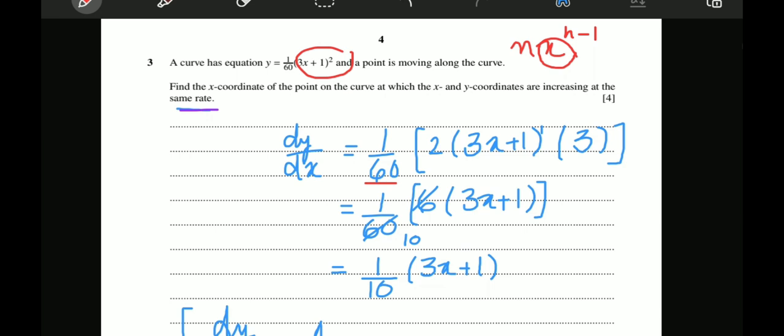First you'll solve the power: 2 times the bracket 3x plus 1, with n minus 1 being 2 minus 1, which gives 1, multiplied by the derivative of the bracket. The derivative of 3x plus 1 is going to be 3. Clear? Now next you'll simplify it. You'll get 1 over 10 into (3x plus 1).